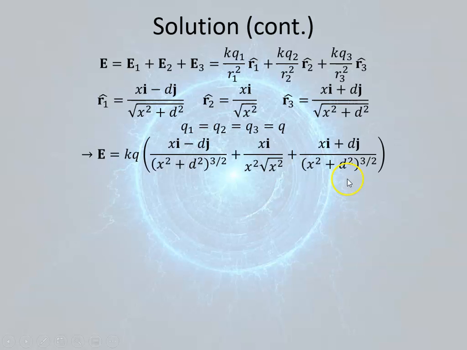But the electric field due to charge 2, again, I'm being real careful to make sure that I'm taking into account the possibility that we could be dealing with something on the negative x-axis. In other words, if I was not being careful here, this x in the numerator right here would end up canceling out with an x in the denominator here, and I don't want that to completely happen.